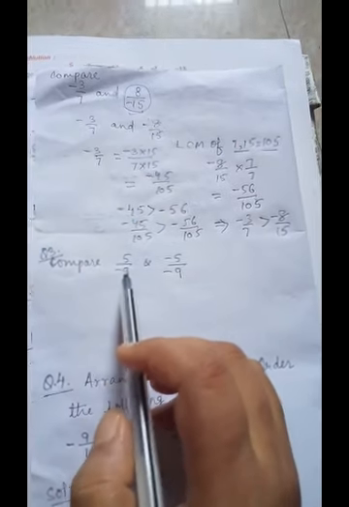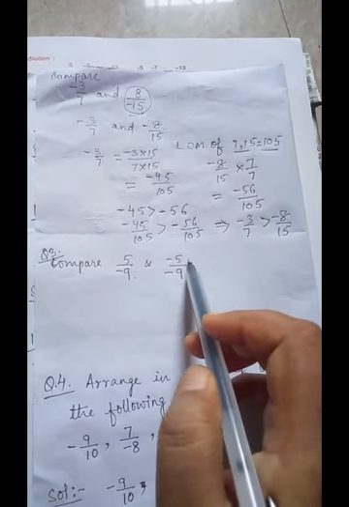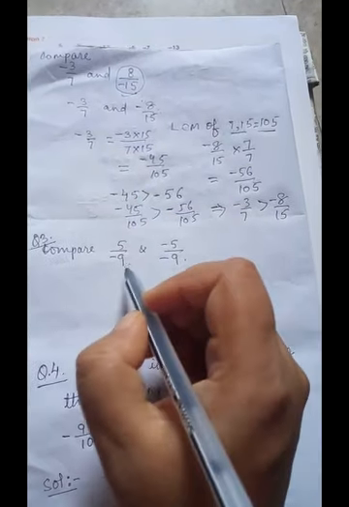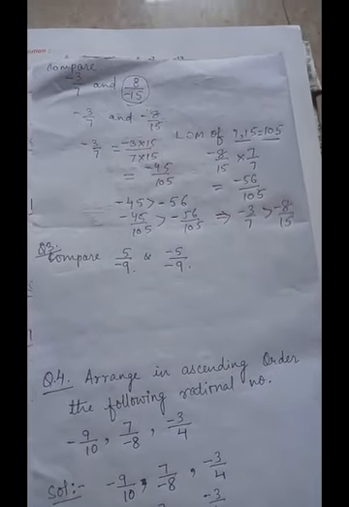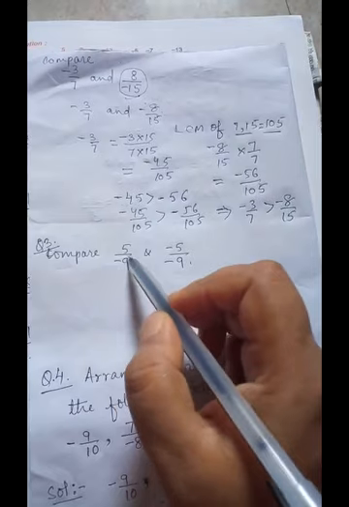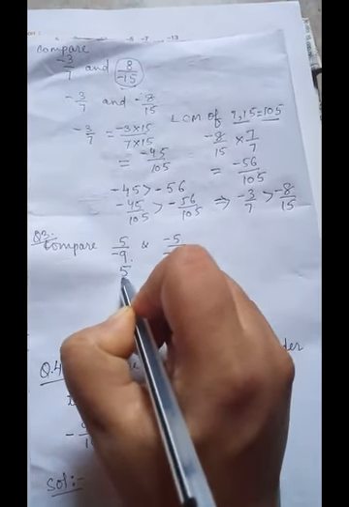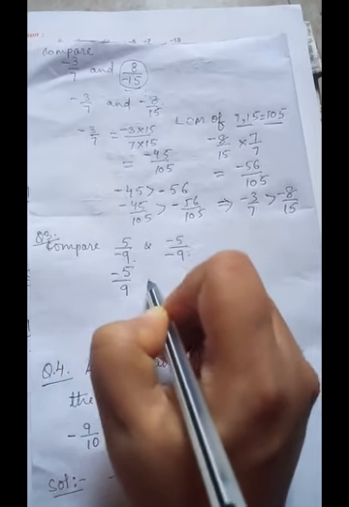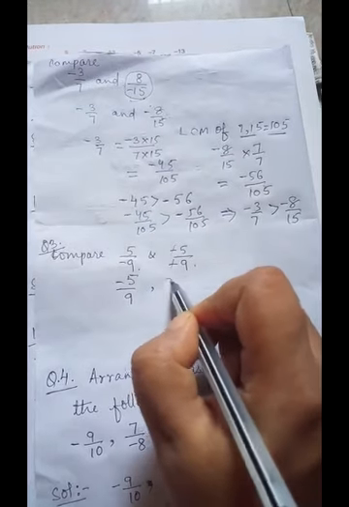Next is to compare 5 by minus 9 and minus 5 upon minus 9. So again we have to convert into the standard form. What is the standard form? We have to make the denominator positive. So this is minus 5 by 9, and in this one the minus got cancelled, so it will be 5 by 9.